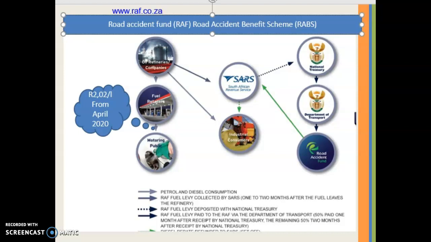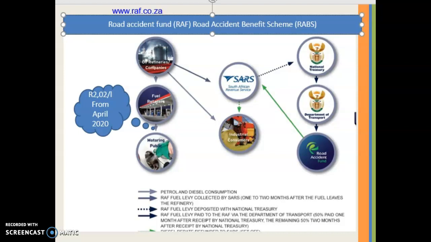RAF is funded by a levy on the sale of fuel, diesel or petrol, and as from April 2020, it's R2.02 per litre that goes to the Road Accident Fund. The amount that can be claimed for loss of income is limited by law.